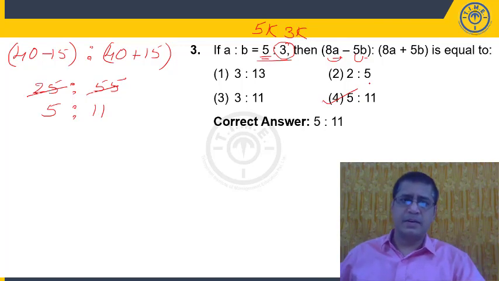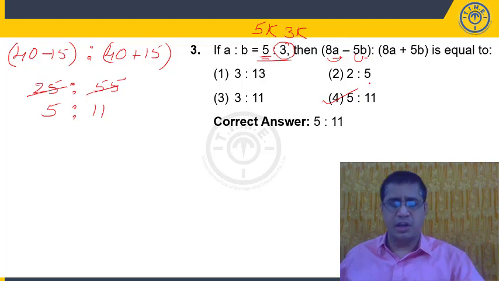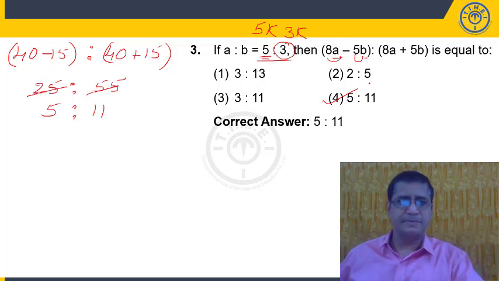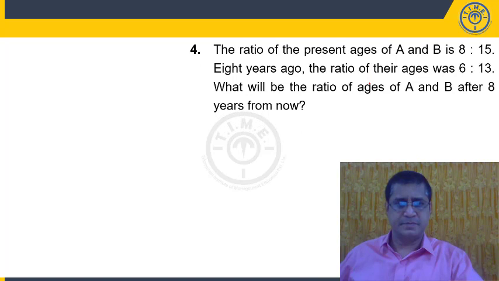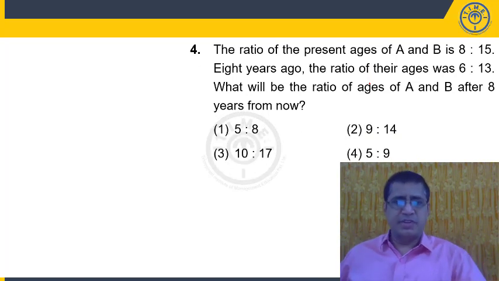Okay. I'll move to the next example. Right, look at the next question on your screen. Yes, my dear students, read this question carefully and try to answer the question.